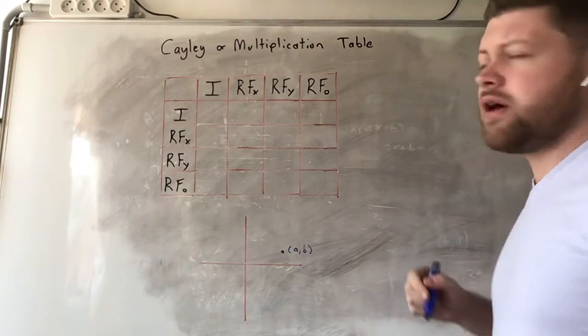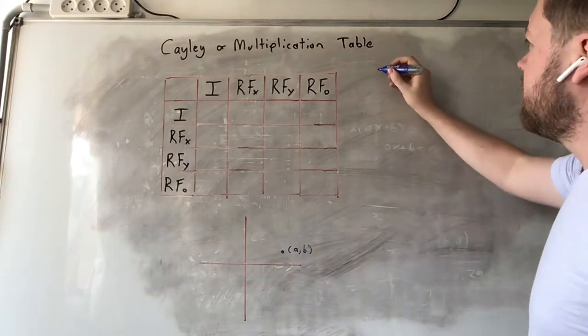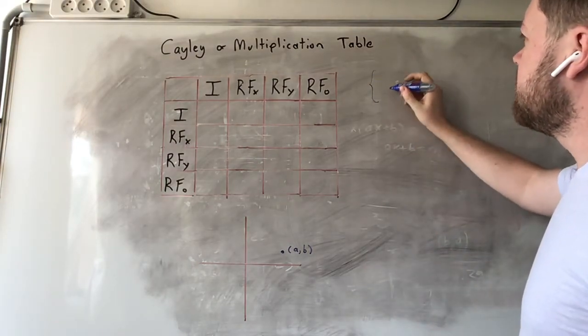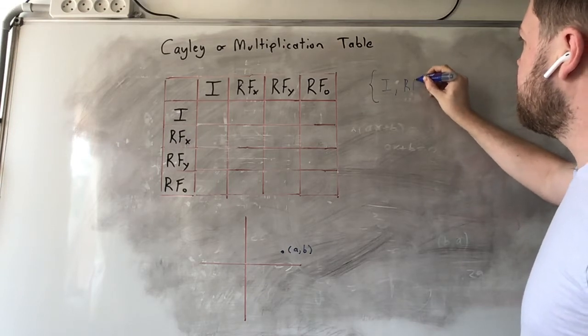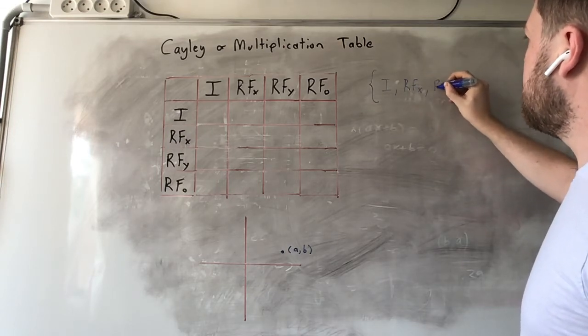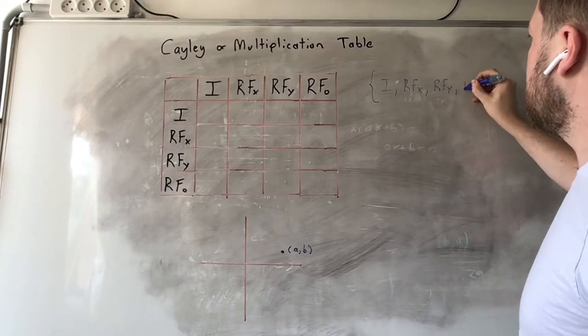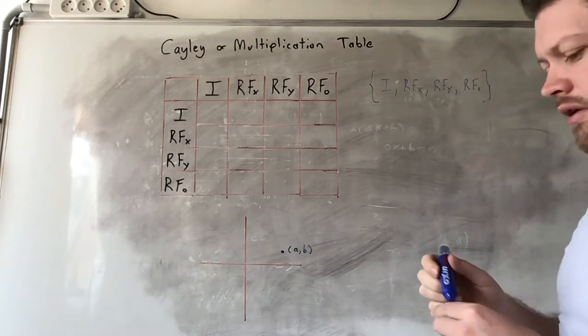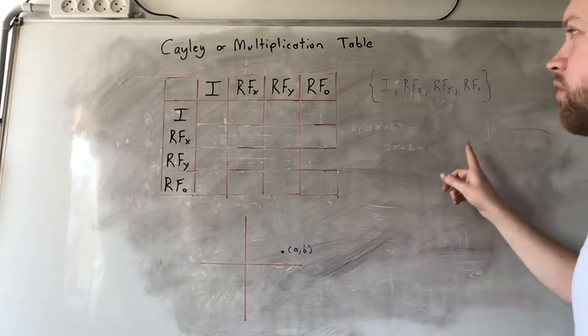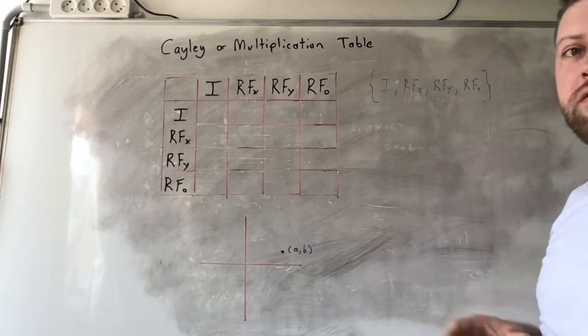Okay, we have a set of operations I, RF_X, RF_Y, and RF_0. This here is the set of all possible reflections.